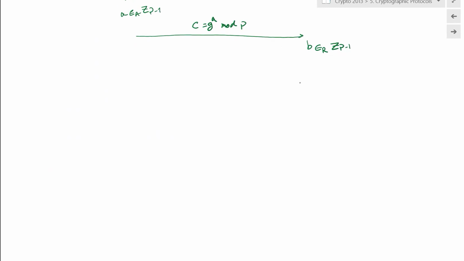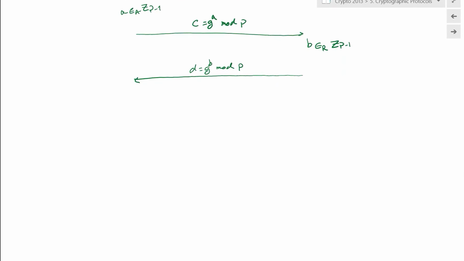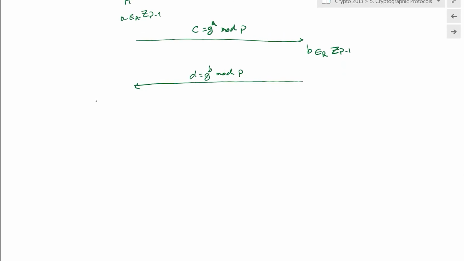And then he would compute and send, let's say, a D that equals G to the B mod P. And now after both parties have exchanged this information, Alice receives G to the B, so D, and then she does D to the A, which equals G to the B to the power A, which equals G to the BA, right?